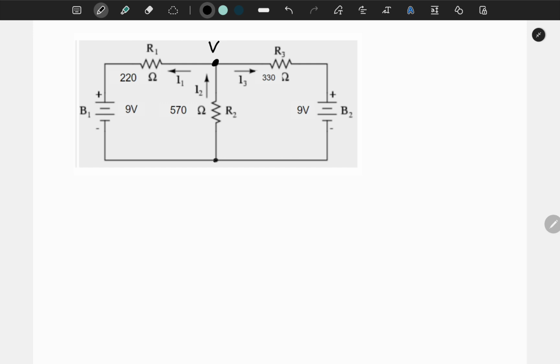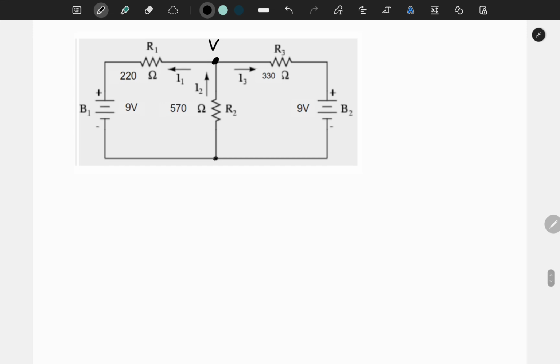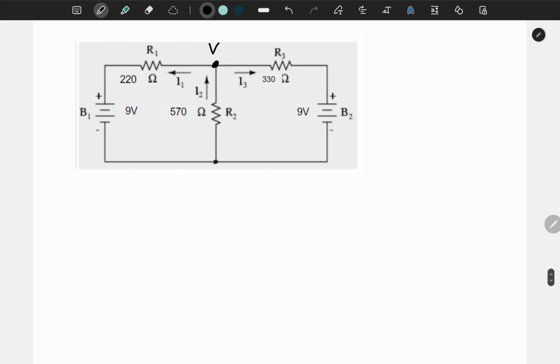So in order to solve using nodal analysis, all you really need is a few things. You need to understand KCL, and you need to understand Ohm's law.